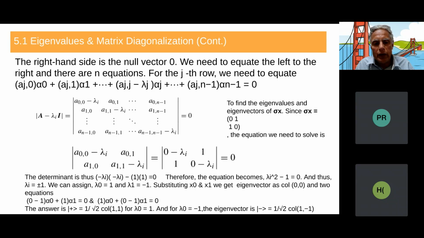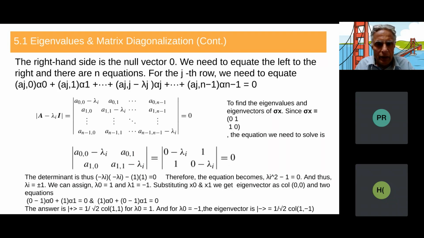If we use z, that is the normal default. But since we have sigma x here, it is not 1 0 but 1 by root 2, so it is not a unit vector because we chose to solve for sigma x.